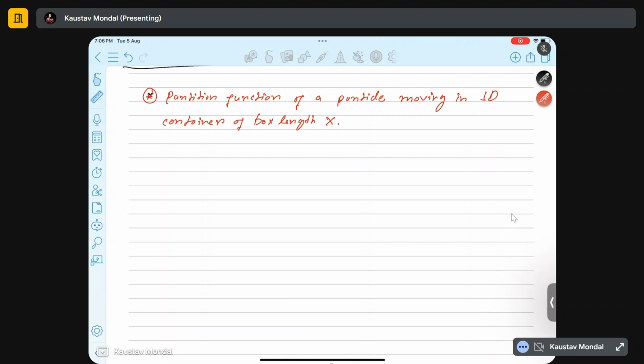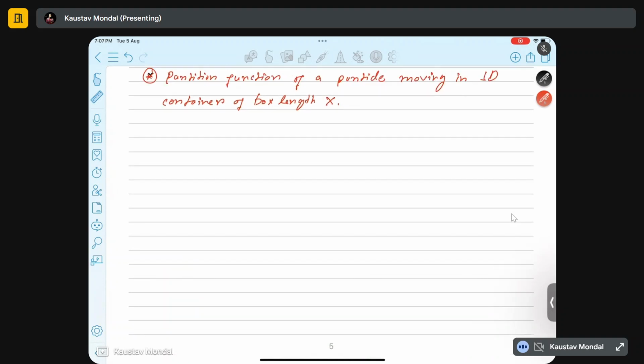In order to find the partition function of a particle that moves in a basically 1D box, we need a little bit of previous concept from quantum mechanics that I hope most of you already have been taught.